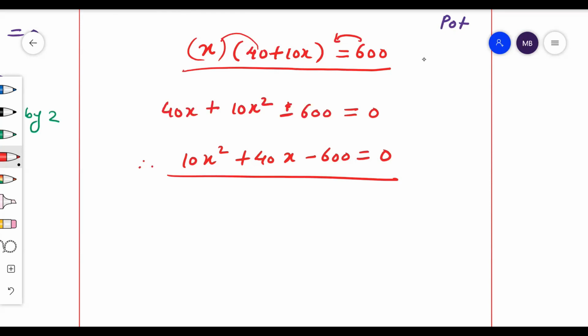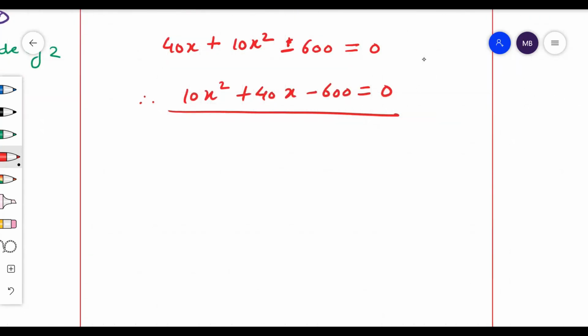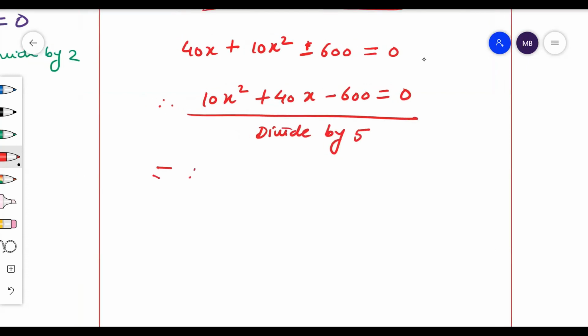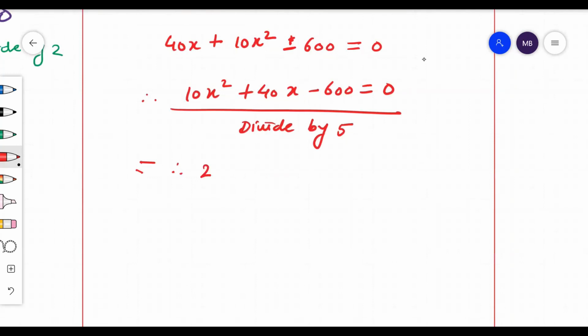This is a quadratic, but can we see any common number it can be divided by? Yes, it can be divided by 2, but there's a bigger number we can divide by. Let us divide the entire equation by 5. All three numbers can be divided by 5. So the equation becomes 2x square plus 8x minus 120 equal to 0.